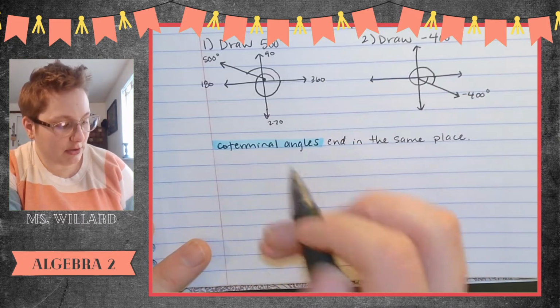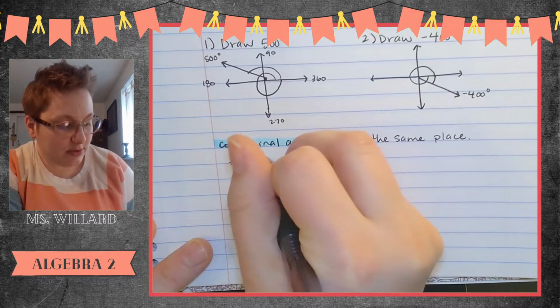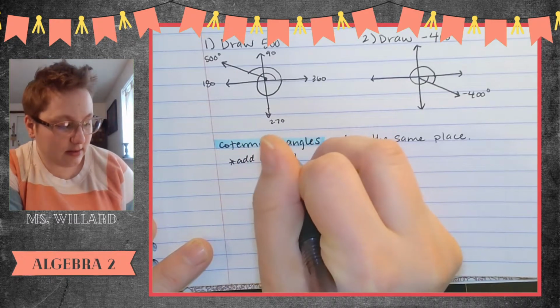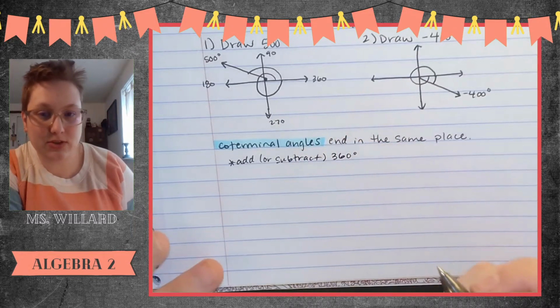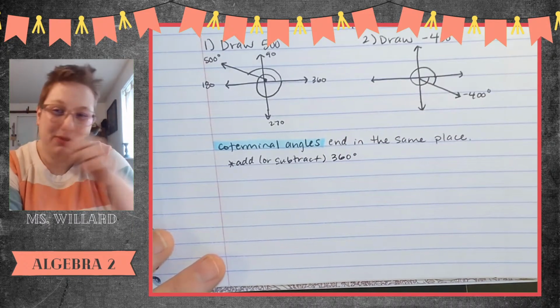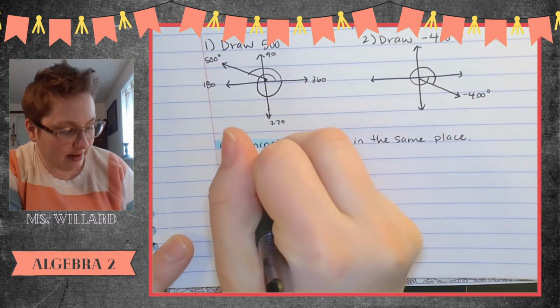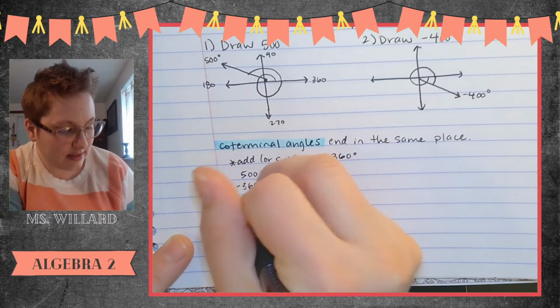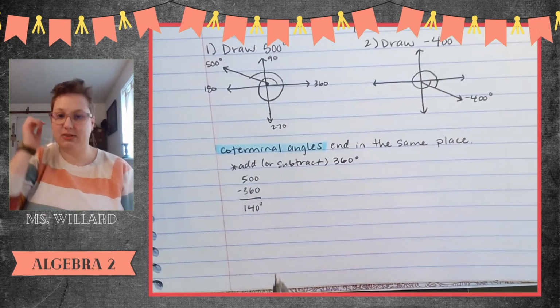So if I want a coterminal angle, what I can do is add or subtract 360. Because that's a full circle, so it refreshes itself, right? So if I take 500 and subtract 360, I would get the 140 that is coterminal with 500.